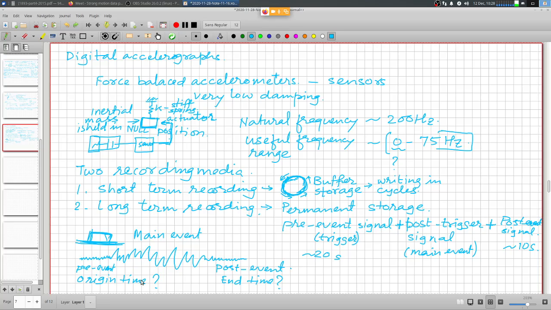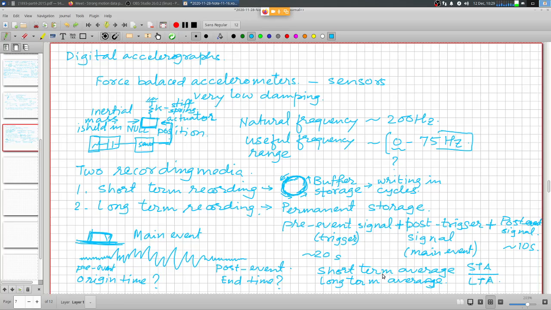We can only have some approximation, and that is based on ratios of two averages: short term average and long term average. So STA divided by LTA.